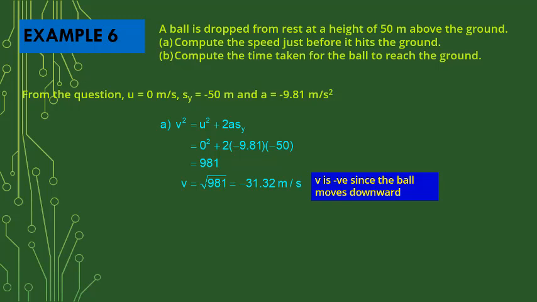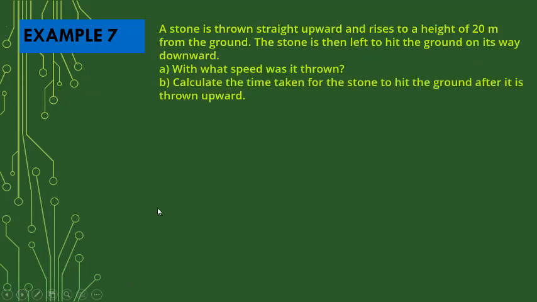But here, the answer is negative since v indicates the direction of the ball that is moving downward. B. Calculating the time taken. So we use the equation v equal to u plus at. Substituting all the values, we have t equal to 3.19 seconds.